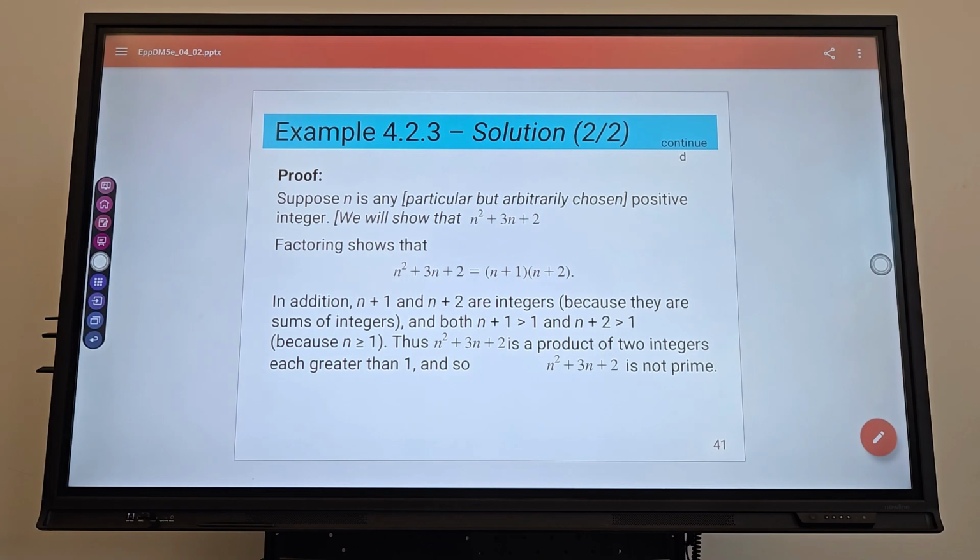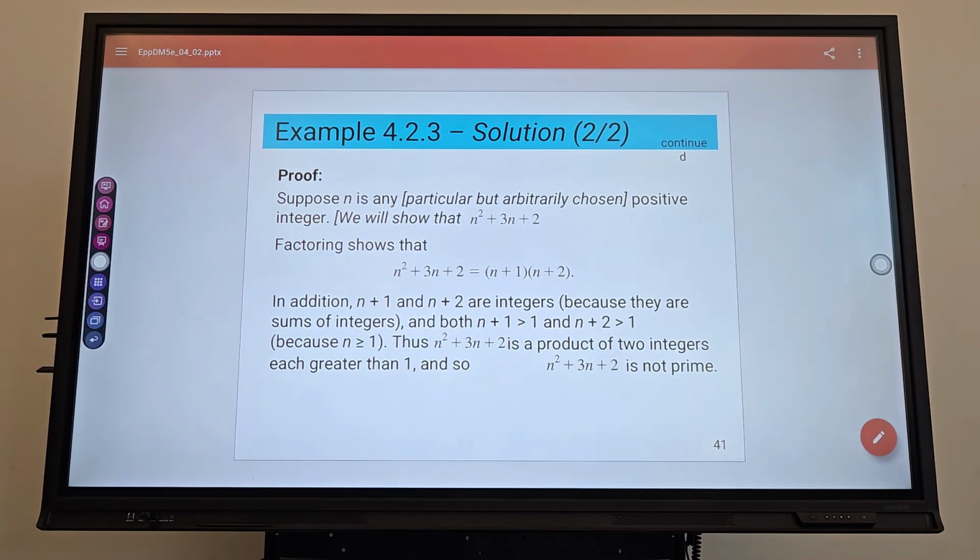And both n plus 1 is greater than 1 and n plus 2 is greater than 1, because n is greater than or equal to 1. Thus, n squared plus 3n plus 2 is a product of two integers, each greater than 1. So, n squared plus 3n plus 2 is not prime.